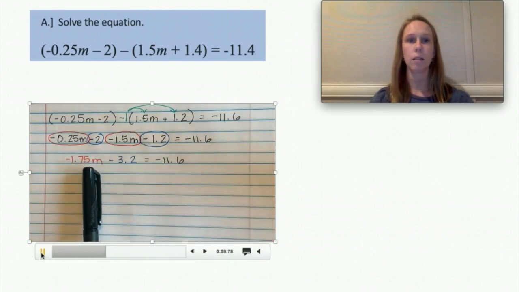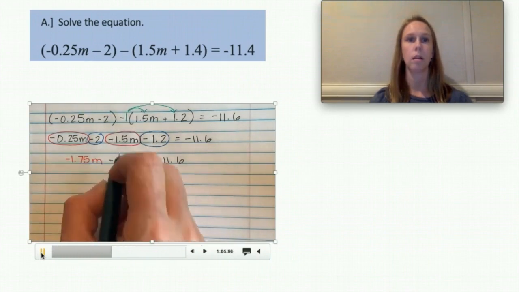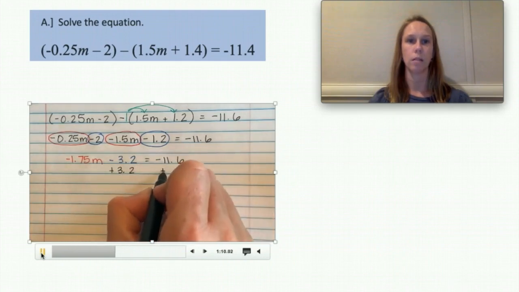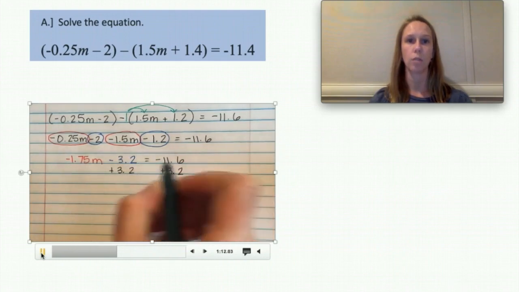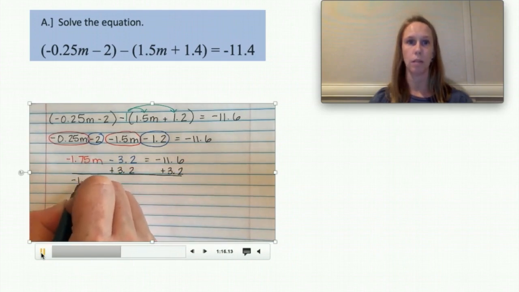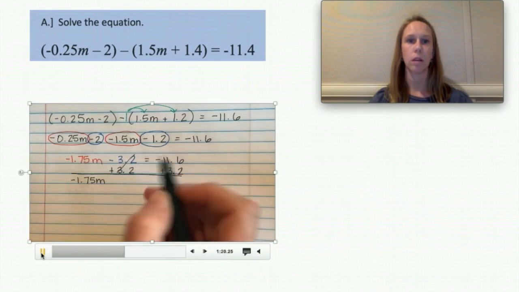I need to isolate the variable m and think about doing the same thing to both sides of the equal sign. So to eliminate 3 2/10, I'm going to do the opposite of subtract, which is add, and I'm going to add that to both sides of the equal sign. So I'm going to bring down my variable.